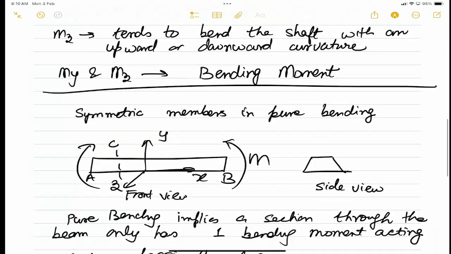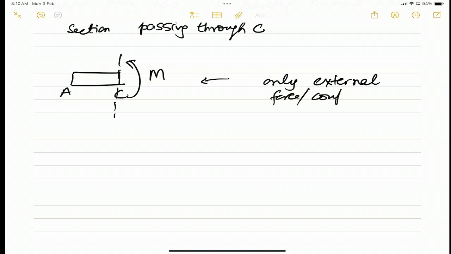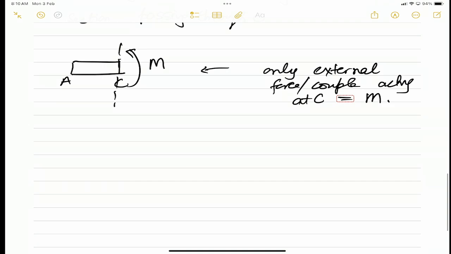that the only external it should actually be not external.